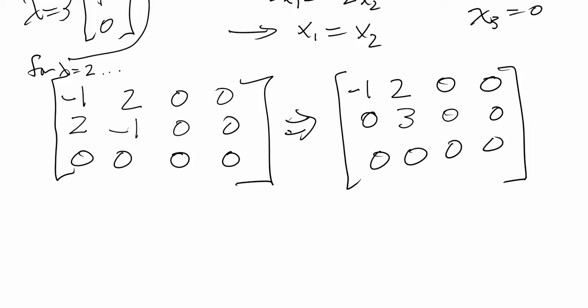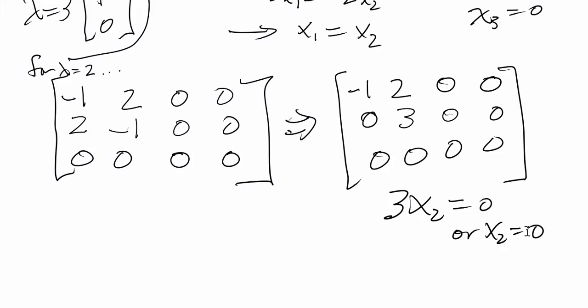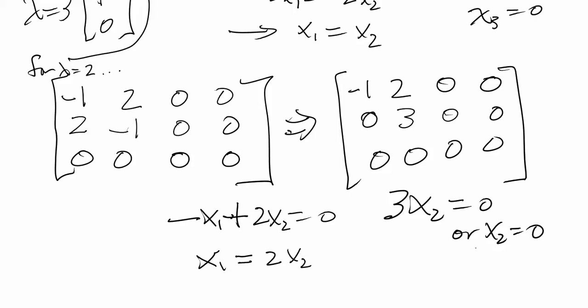So what this tells us is that from row 2 we get 3x2 is equal to 0, or x2 is equal to 0. From row 1 we get minus x1 plus 2x2 equals 0, or x1 is equal to 2x2, but we know that x2 is 0, which tells us that x1 is also 0.